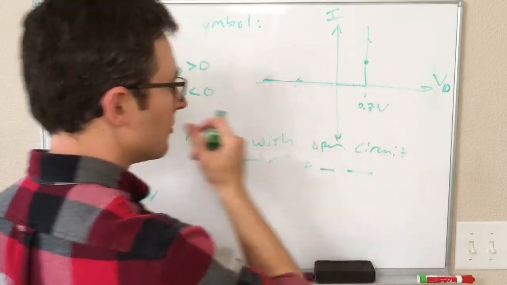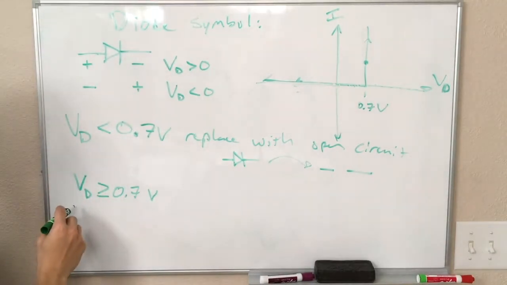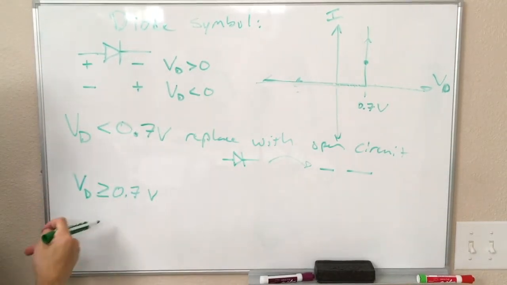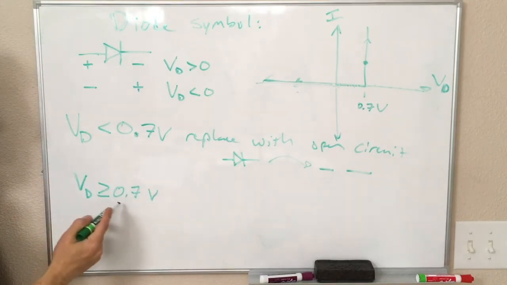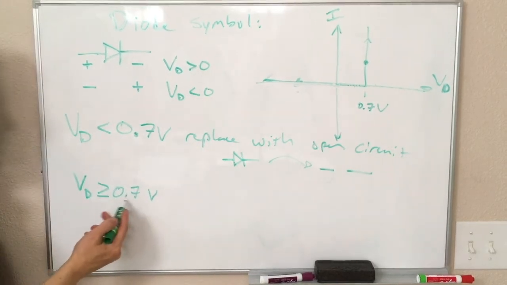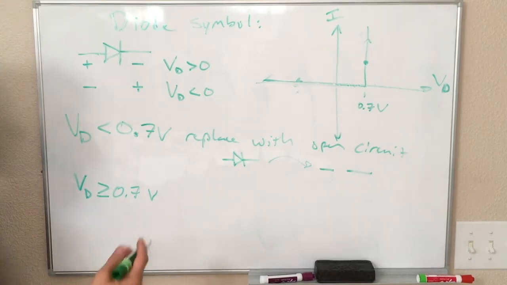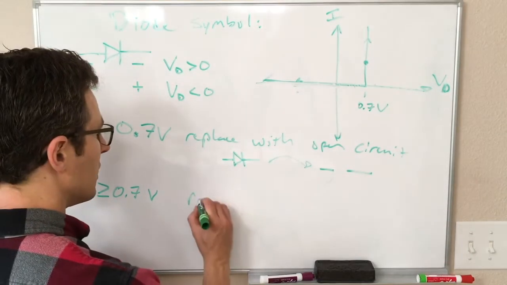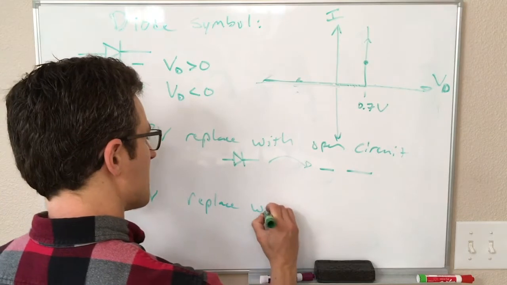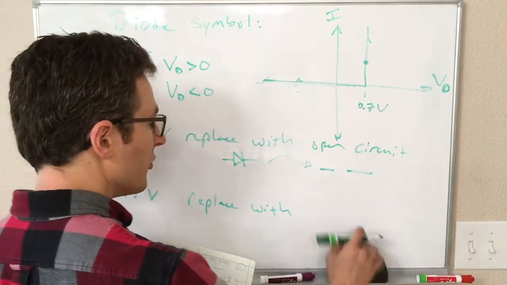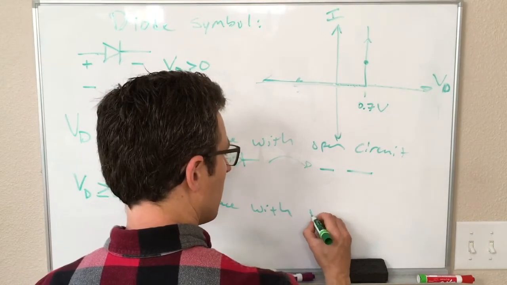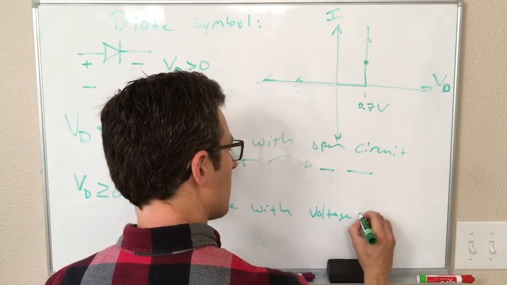The highest the voltage can be is 0.7 volts. So really, if we try to apply a voltage of greater than or equal to 0.7 volts, it's not going to get there, and we replace the diode with a 0.7 volt voltage source in our schematic.